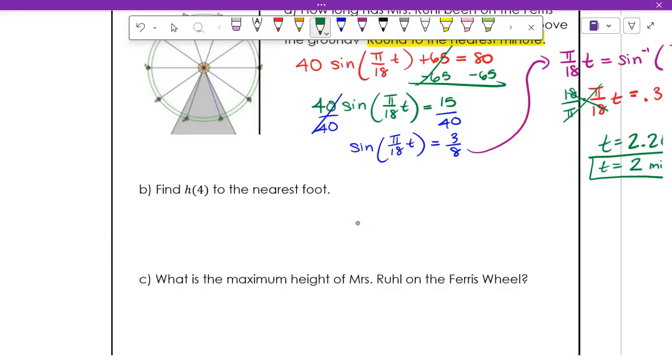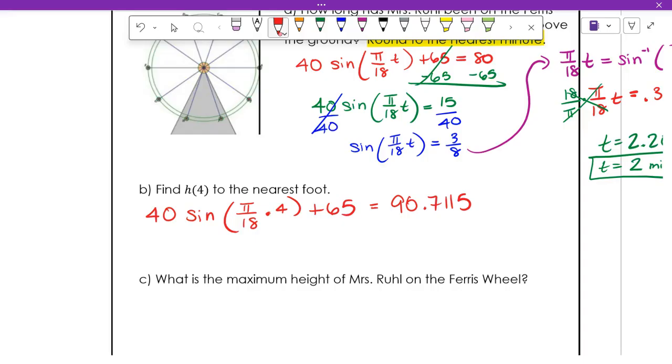So I'm just taking my equation and I've got 40 times the sine of pi over 18 times 4 plus 65. And I'm just putting that in the calculator. Once you put that in the calculator, you get 90.7115. Now, again, it says to the nearest foot. So that would be 91 feet.